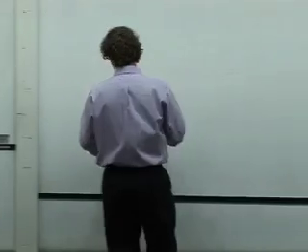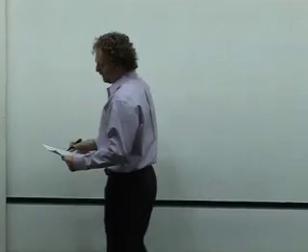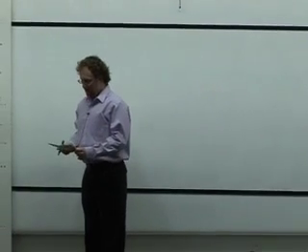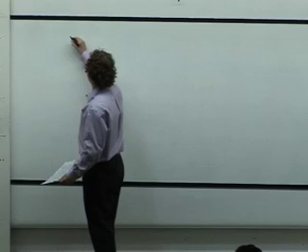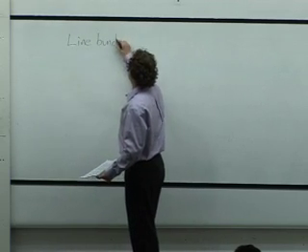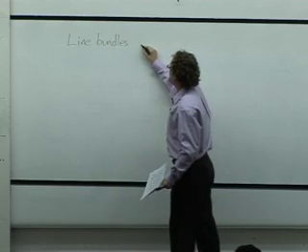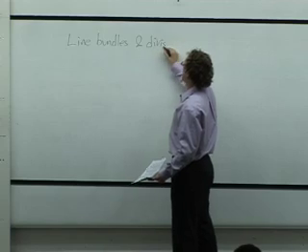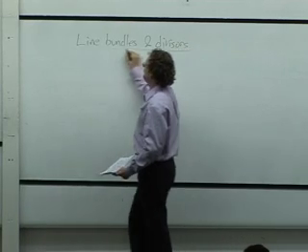OK, so now what I'd like to do is actually introduce the geometric Langlands program, but I'd like to do that by first going back to the abelian case and reminding you of the way we describe line bundles in terms of divisors.